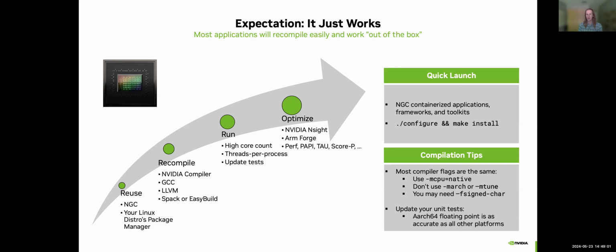The other expectation is you should expect stuff to just work. We see that most applications just recompile and run on the platform, especially if you're using the NVIDIA compilers on some other platform already. If you're using Clang or GCC on some other platform, there's also a good probability that it'll just recompile and run.